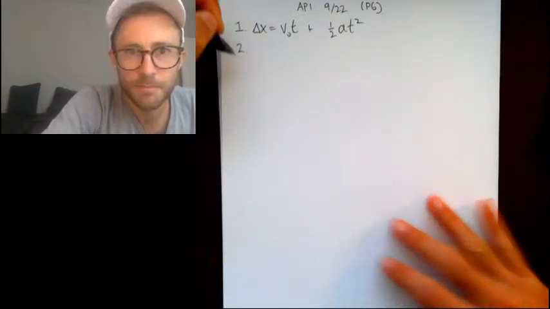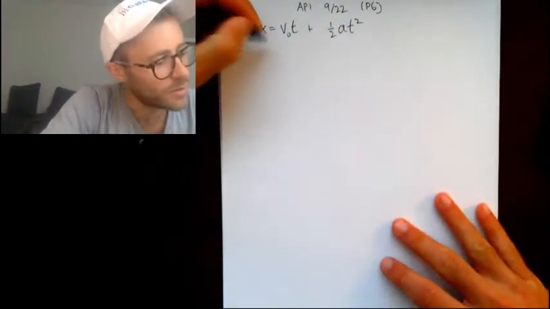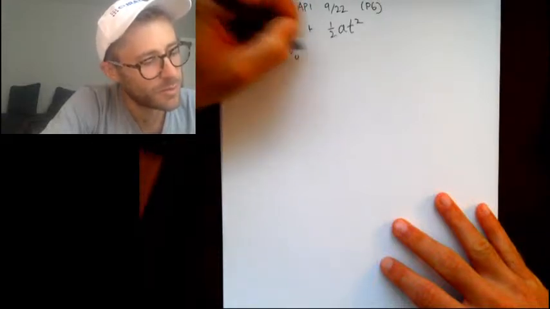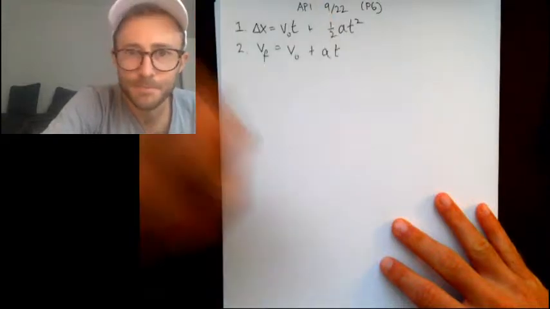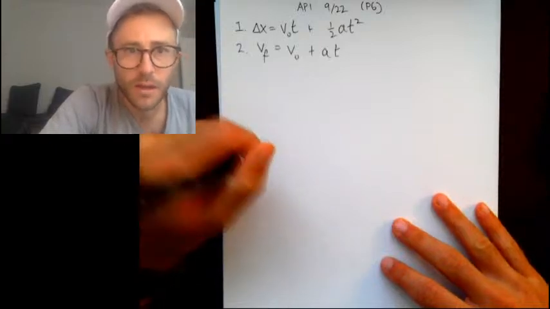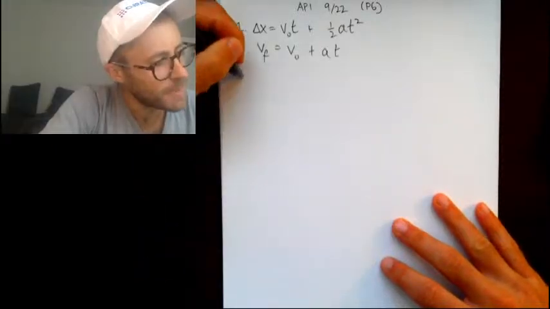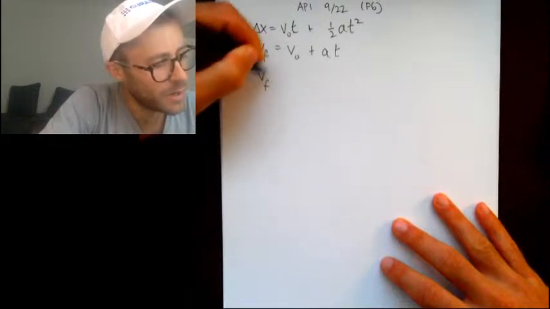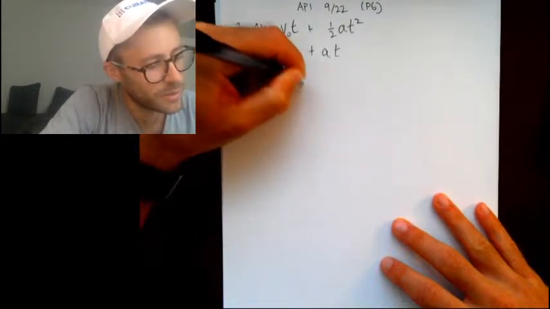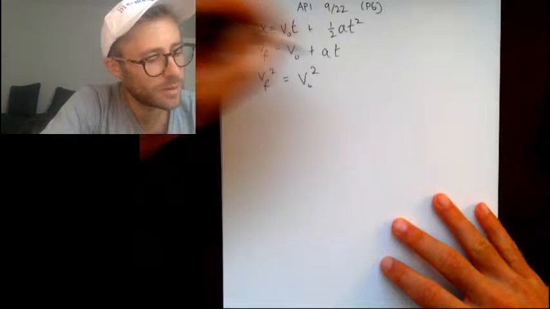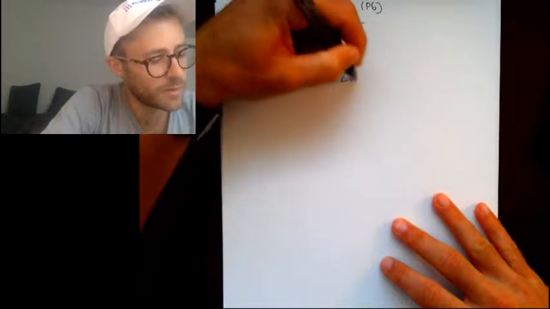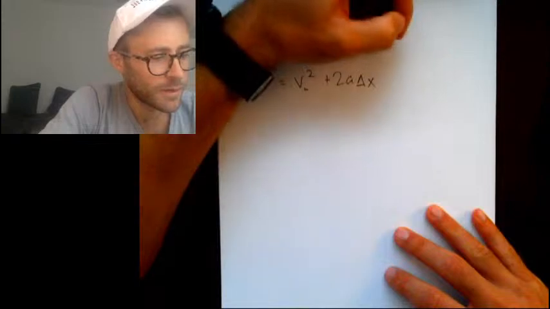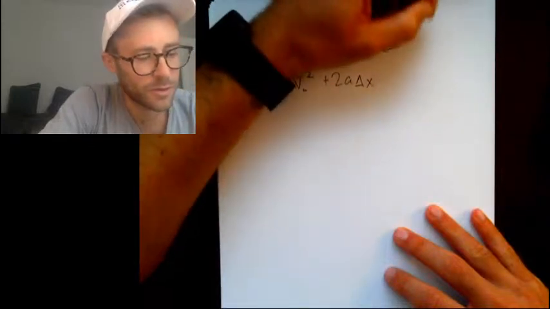The second one says that v final equals v initial plus a t. And the third one says that v final squared equals v initial squared plus 2a delta x. So these are called the kinematics equations.